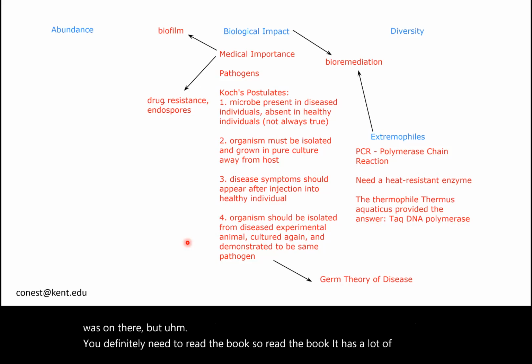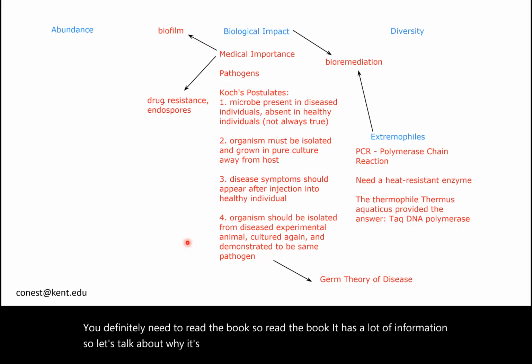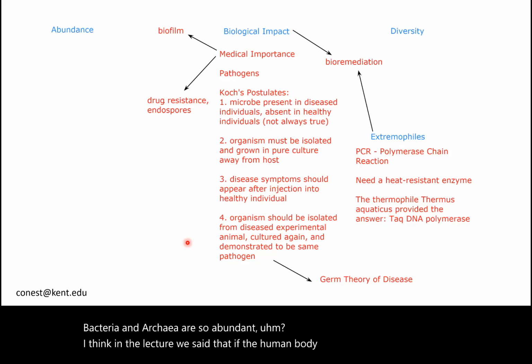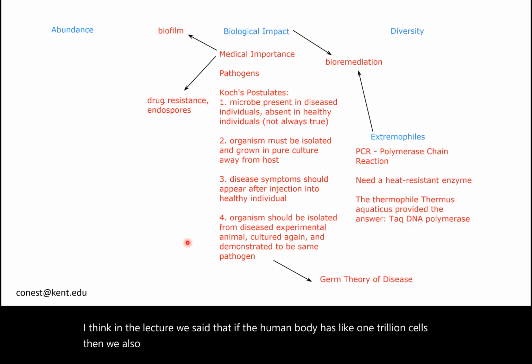So let's talk about why it's important to pay attention in this chapter. First of all, bacteria and archaea are so abundant. I think in the lecture we said that if the human body has like 1 trillion cells, then we also have like 10 trillion bacteria on us and in us, on our skin, in our mouths, in our gut.